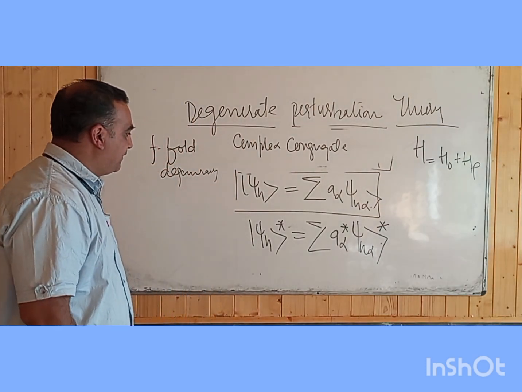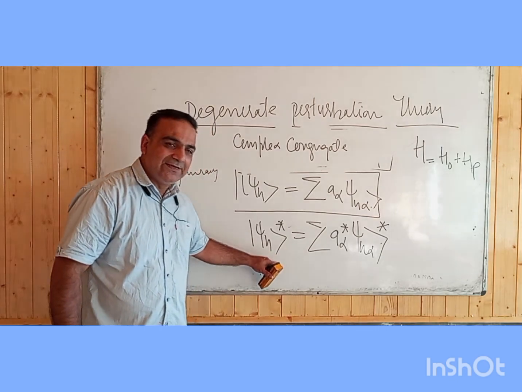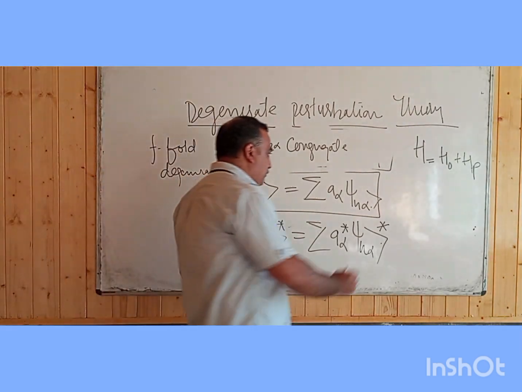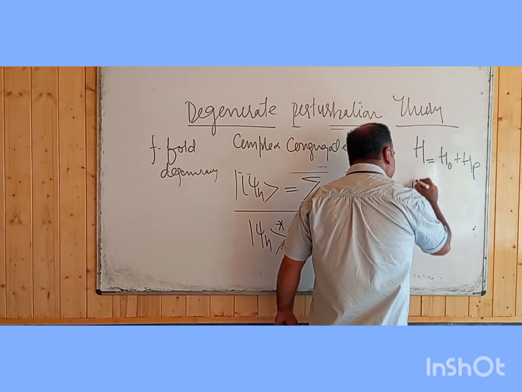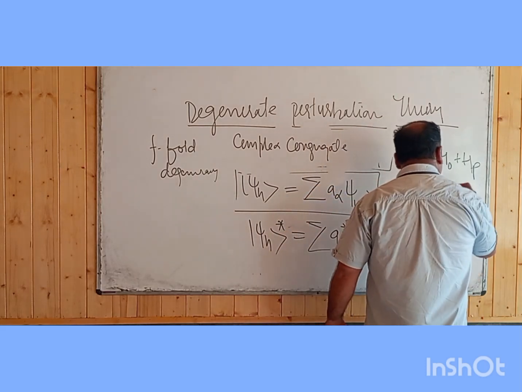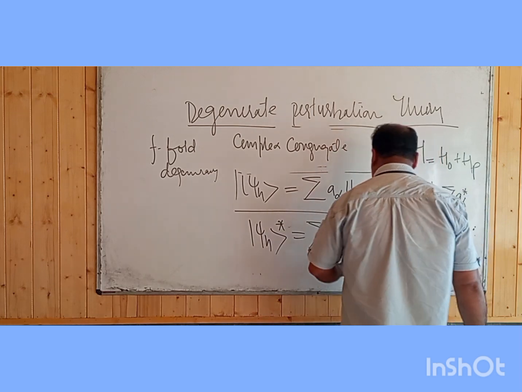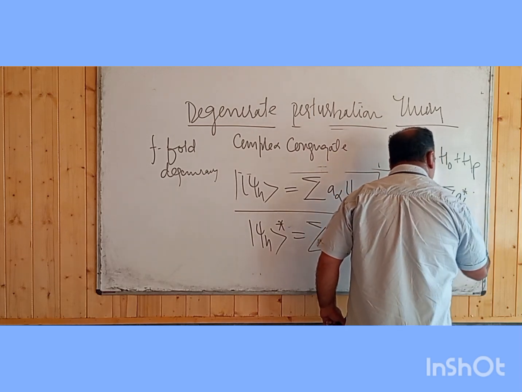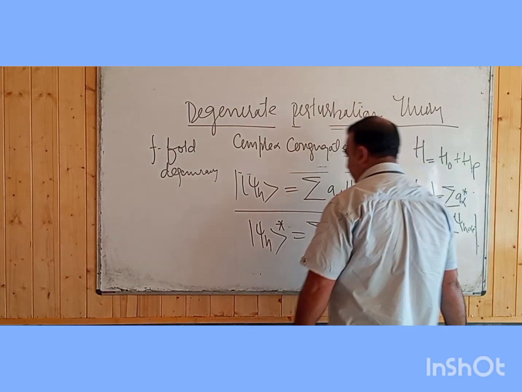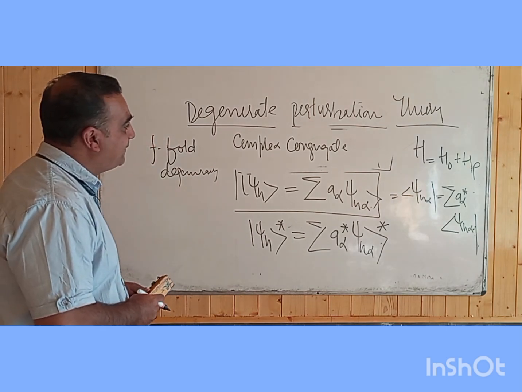Taking the complex conjugate translates the ket of psi n into the bra, so the bra of psi n is the sum of A alpha star times the bra of psi n alpha. That should be clear up to this point.